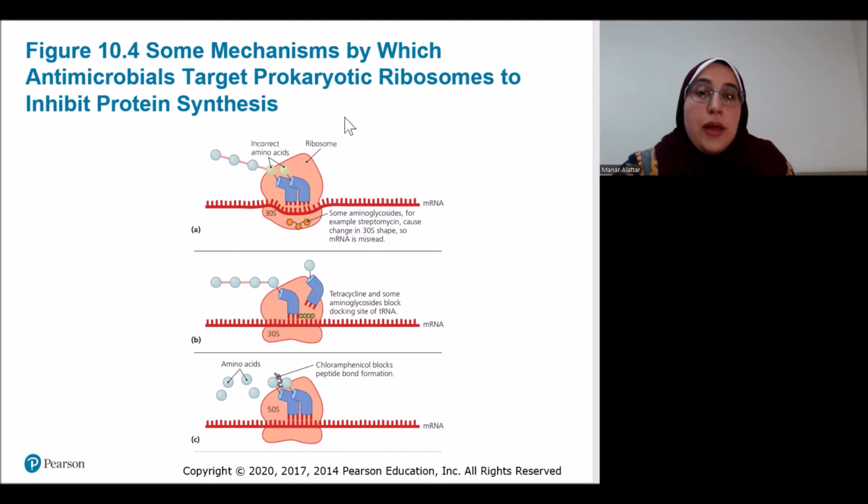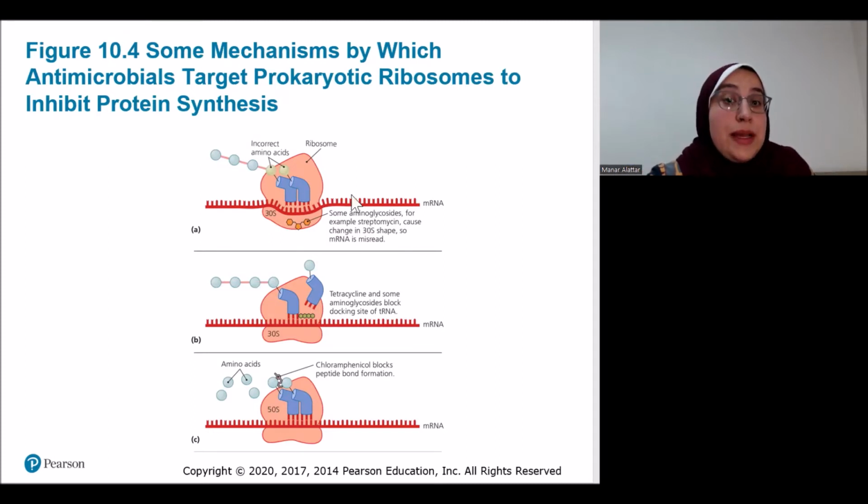Okay, and so this next mechanism looks at antibiotics that inhibit protein formation.